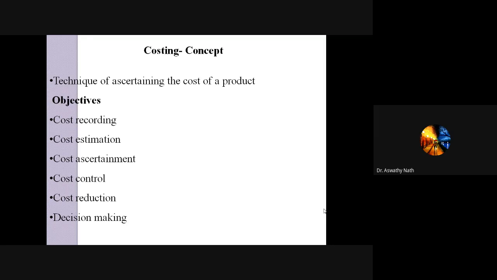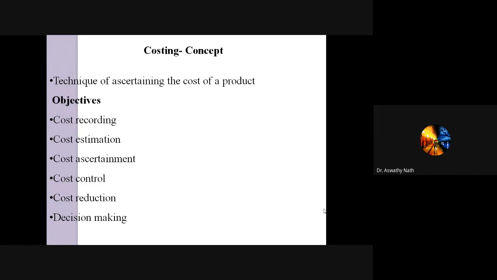The first objective is cost recording. Cost recording means simply recording the cost of all the transactions in the cost books. So in cost accounting, we are preparing cost books.